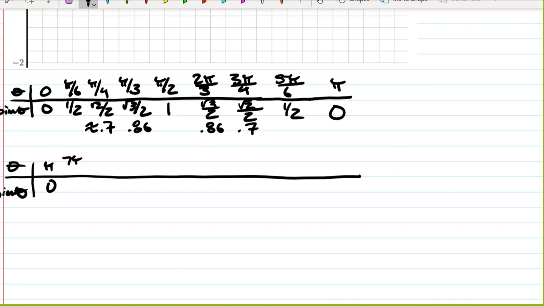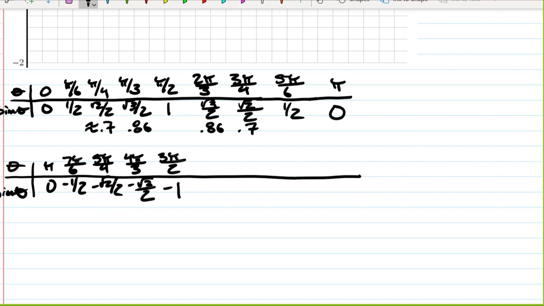So we have 7 pi over 6, and we get negative 1/2. At 5 pi over 4, we get negative root 2 over 2. At 4 pi over 3, we get negative root 3 over 2. And at 3 pi over 2, we get negative 1.